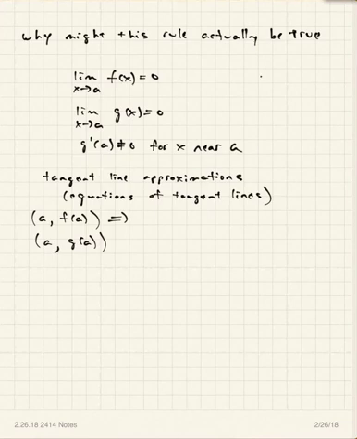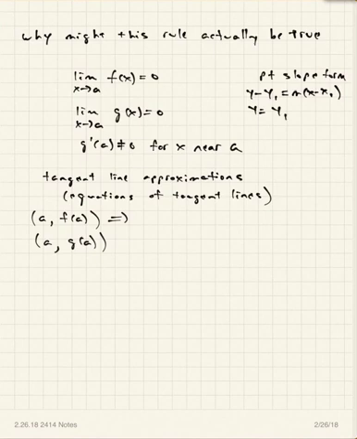Remember the point slope form, I'll write this over here, for a line is simply y minus y1 equals m times x minus x1. And if you add the y1 to both sides, it's just y1 plus m times x minus x1. Right? x1, y1 is a point on the graph, and m is the slope.